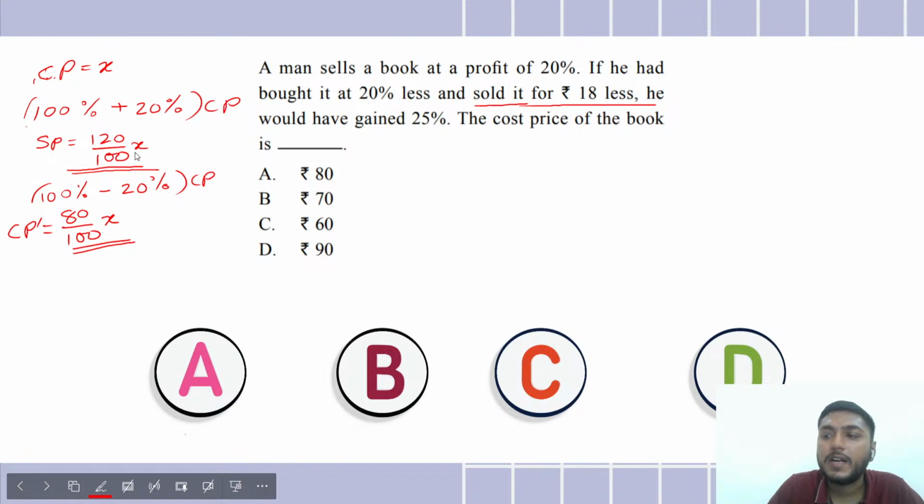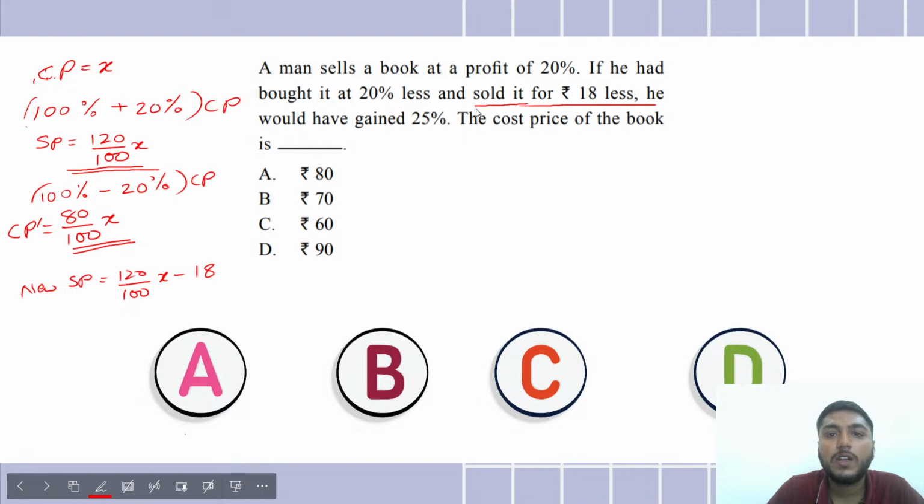So now this 120 by 100x minus 18 is what? The new selling price, right? So we can say the new selling price is 120 by 100x minus 18 rupees. Am I right? Yes or no, students?